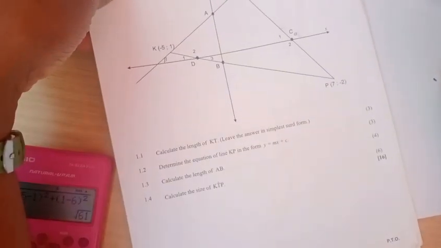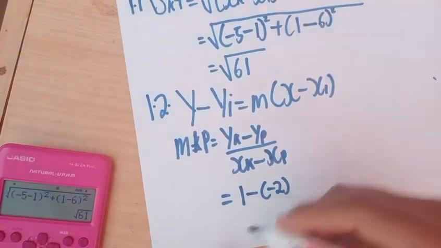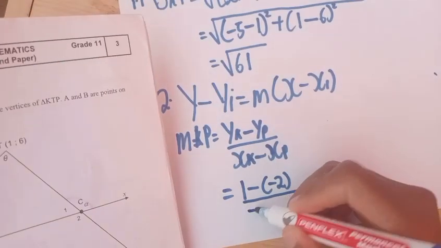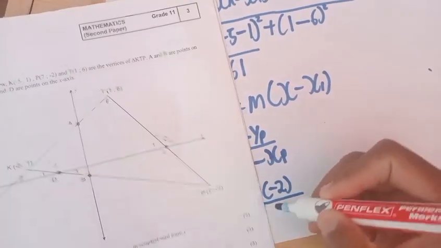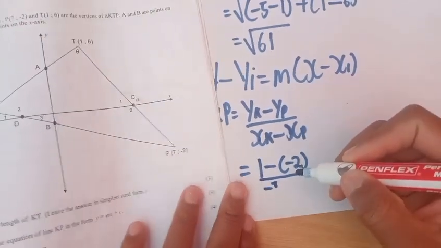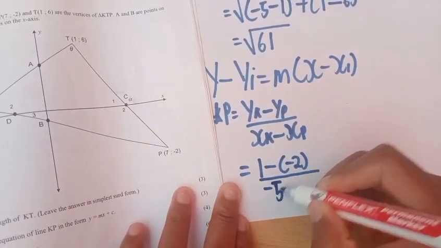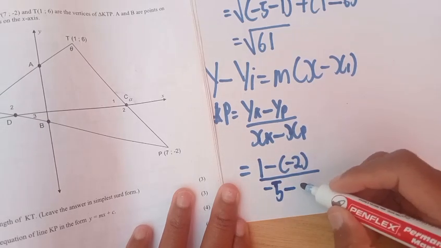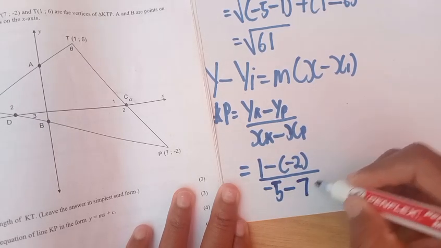I'm taking these from here. Over, and then what is xk? xk is minus 5, minus xp. xp is 7.